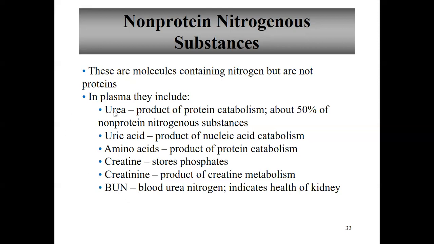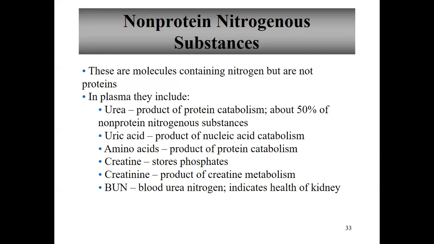So urea is a product of protein catabolism. Remember that metabolism has two different forms: anabolism and catabolism. So metabolism is the overall term, which has two different portions or actions, catabolism and anabolism. Catabolism is breaking things down.